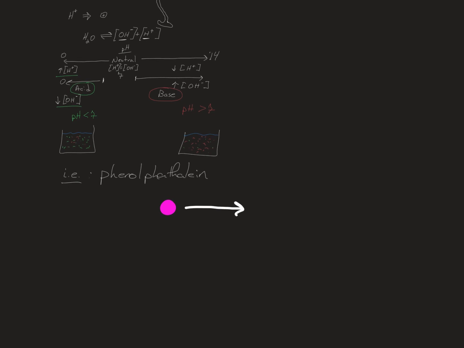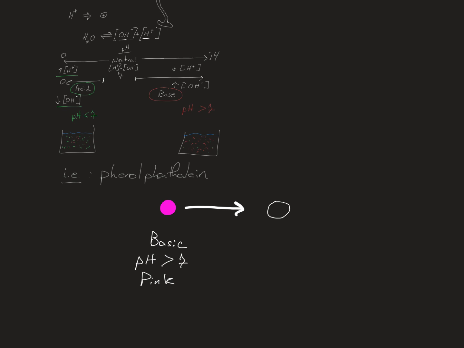So if this molecule is in a basic solution, and remember that means a pH that is greater than 7, so there's not a lot of hydrogen ions, then this molecule is pink.